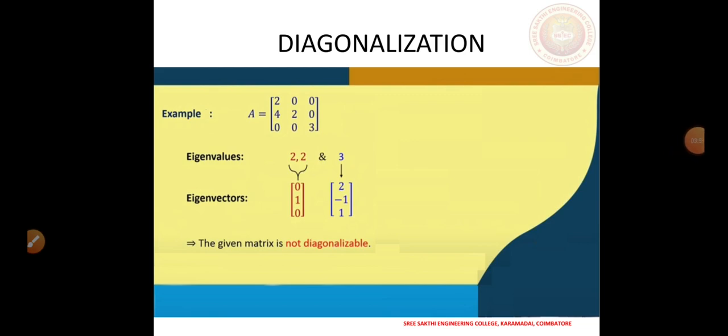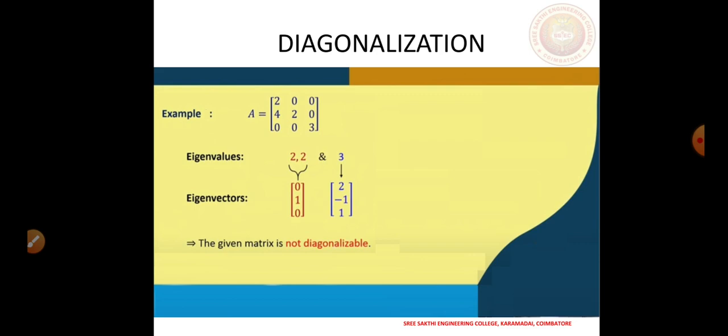We will get fewer eigenvectors, and we cannot form the modal matrix P. The eigenvectors are only two, because we need 3 vectors to fill the positions of the modal matrix P. Therefore, this matrix A is not diagonalizable.